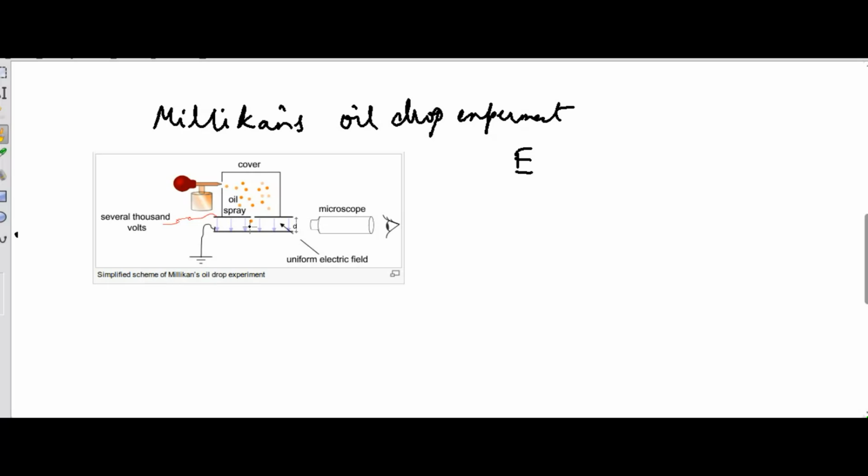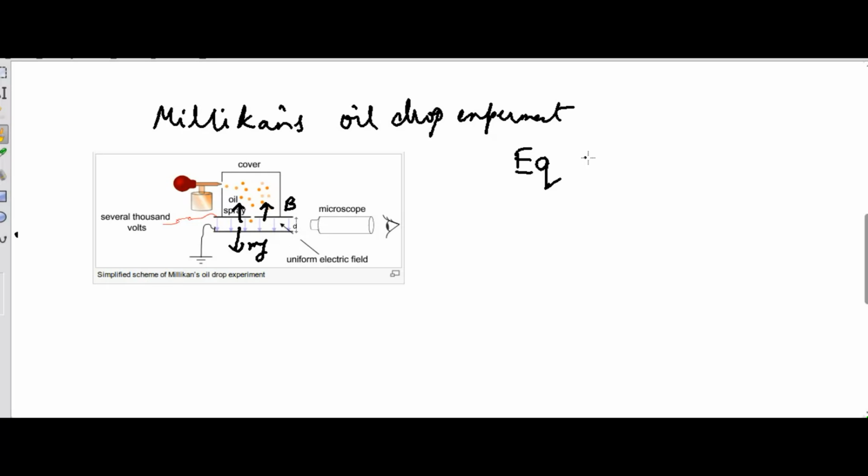Let us study the forces on this. I have applied an electric field E, which is opposing the gravitational force. So E will be in this direction, and the magnitude of the electric force will be EQ in the upward direction. The gravitational force will be mg. Also, if any drop is falling through a medium like air, it will experience a force of buoyancy, and we know that the force of buoyancy will be opposite to the direction of gravity.